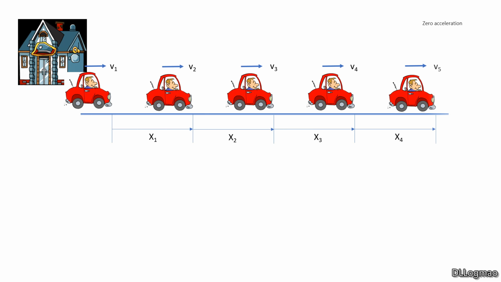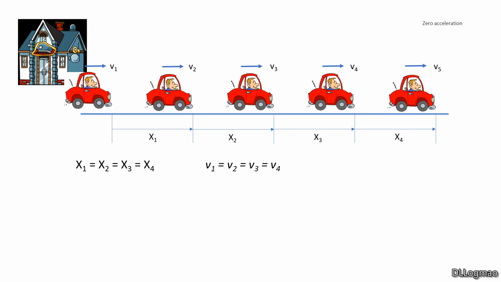On the road fronting this house is a car driven by a man not so old, with the distance traveled x and instantaneous velocities indicated. Notice that the distances covered by the car are equal, resulting in the same instantaneous velocities, v sub 1 up to v sub 5.